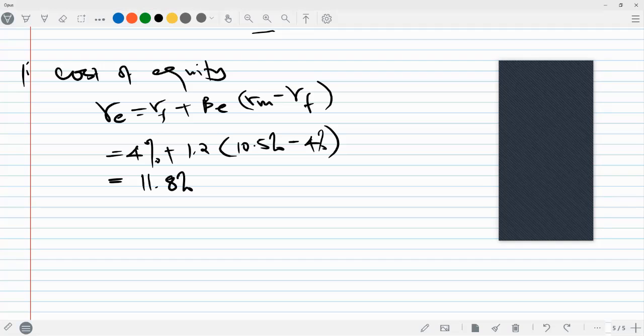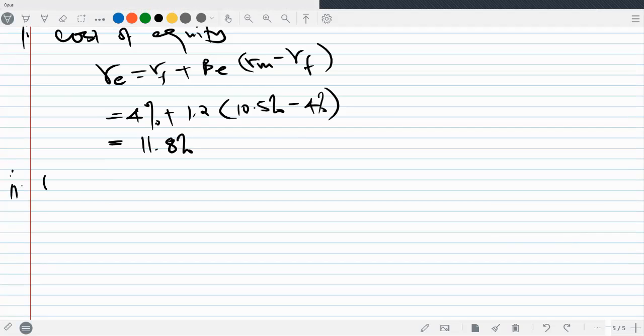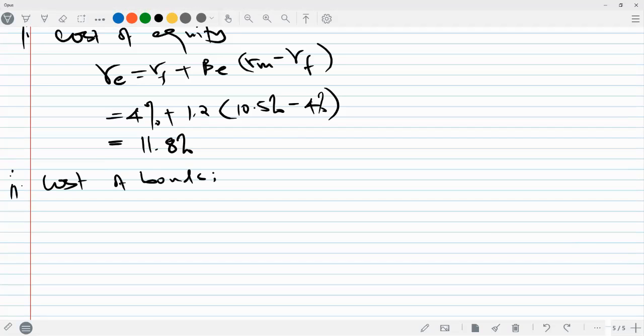Then next we get the cost of the KFP 10% bond. Here, for the cost of the bond, it's going to be redeemed at par value in 7 years' time. Therefore, the number of years to redemption is 7 years.